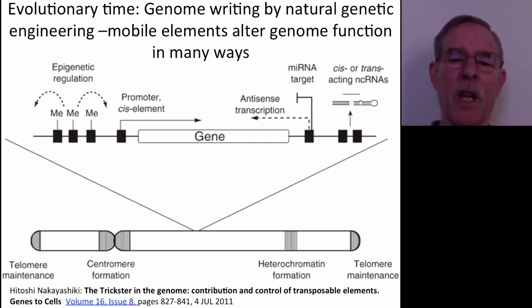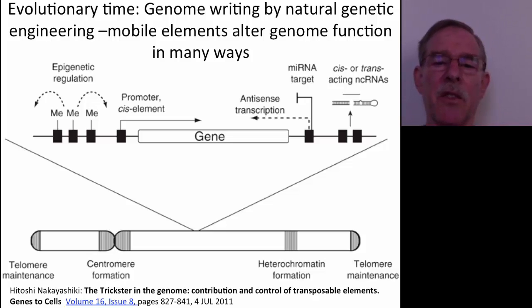Now, when mobile elements insert next to a functioning genetic locus, one of the other things that they can do is modify the expression of that locus and its regulation. And as we know from evo-devo studies, altering the expression of various genetic loci is often an important adaptive change, even more important than changing the sequence of the encoded protein.